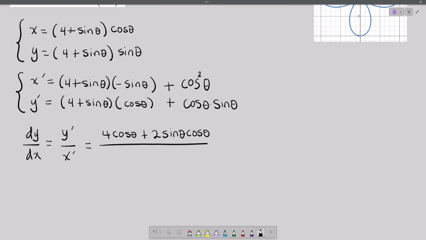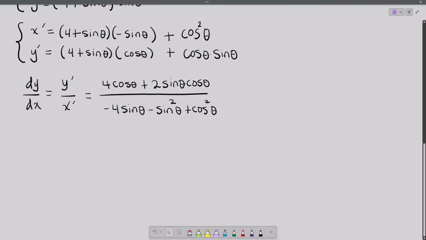So there's y prime. And then x prime looks like we are going to have minus 4 sine theta, and then minus sine squared plus cosine squared. So there we are. If we wanted to, we could go to double angles. Let's not do that. So there's our simplified dy dx. That's the slope of the tangent line.